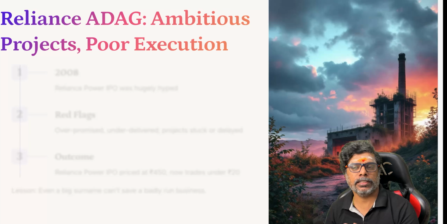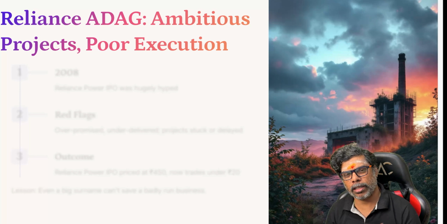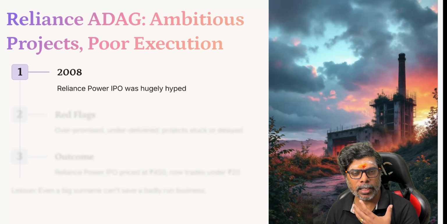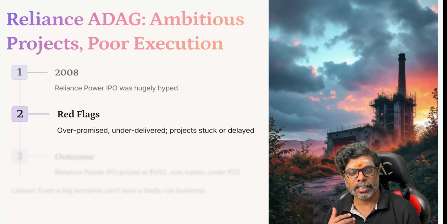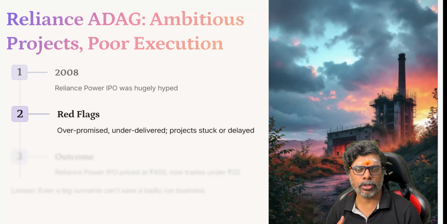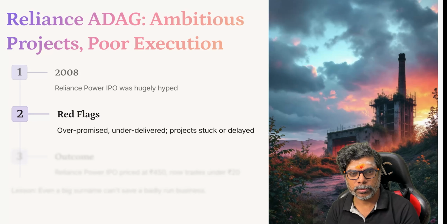The other one is Reliance, and another is Anil Ambani's projects. He got a lot of loans. He started an IPO for Reliance Power, and he got lots of loans, and he couldn't figure out what to do next. The problem was that all the projects initiated by Anil Ambani were infra oriented, very capital intensive businesses. The loans he got to earn profits and start repaying may take a long time.